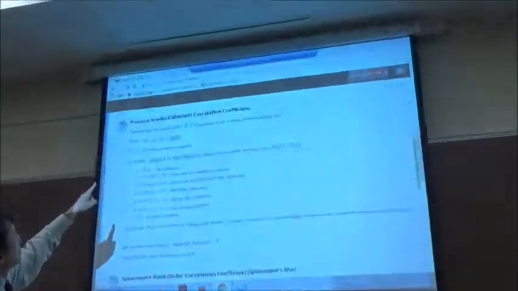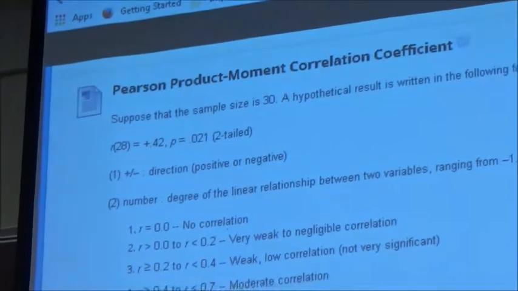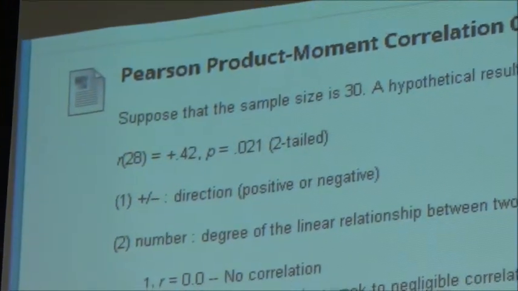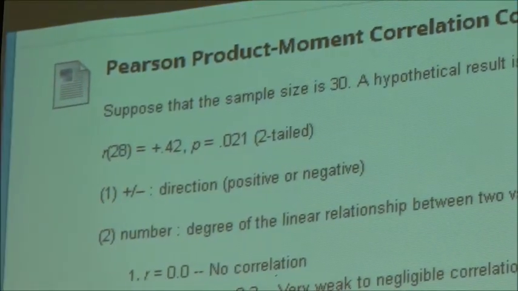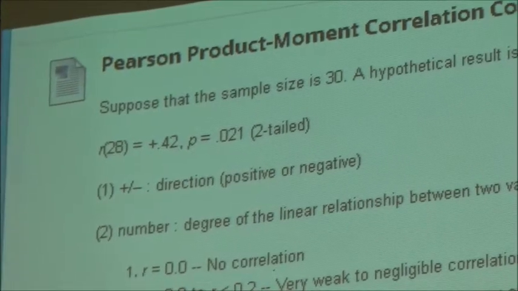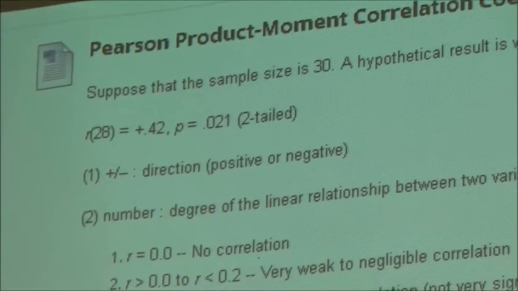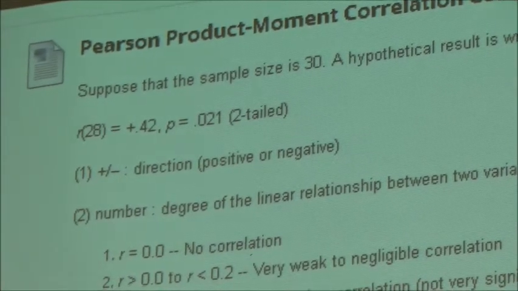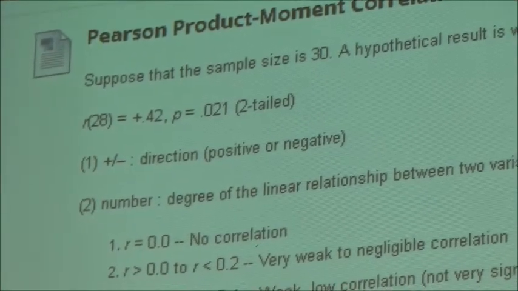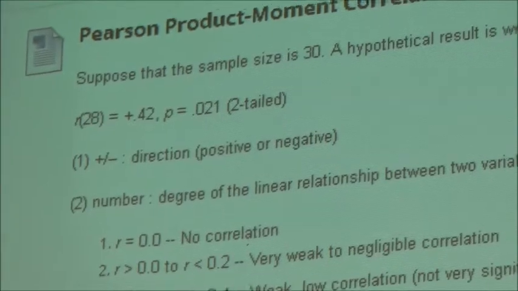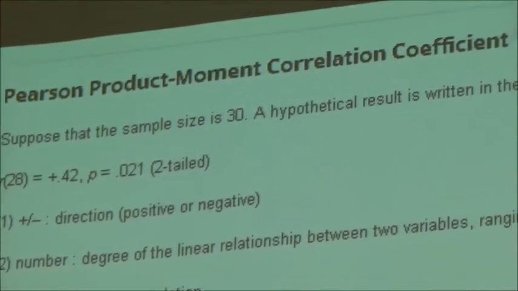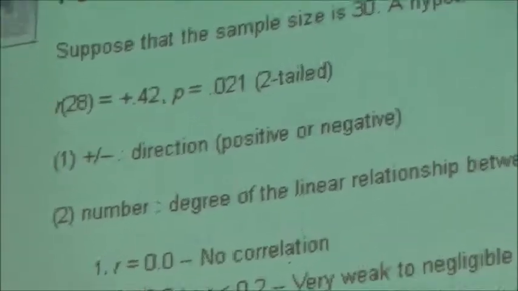And then 0.42 is the magnitude of a correlation. And then p-value, you guys know that, right? And then 0.021, that's the significance. The calculated p-value, remember? And in this case, it's a two-variable test.